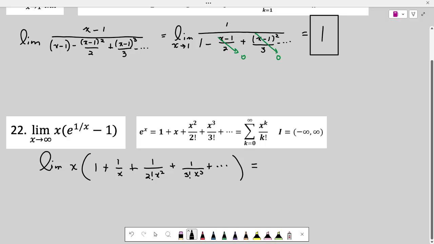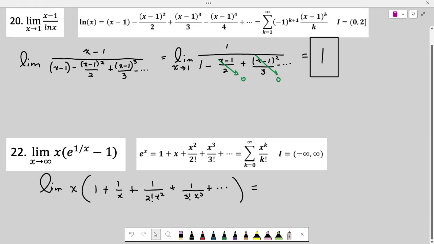For the previous one, why did the first terms simplify to 0? This first term is, when we divide out the x minus 1, we're left with a 1. X minus 1 goes into x minus 1 one time. So we're canceling one factor of x minus 1 each step of the way.